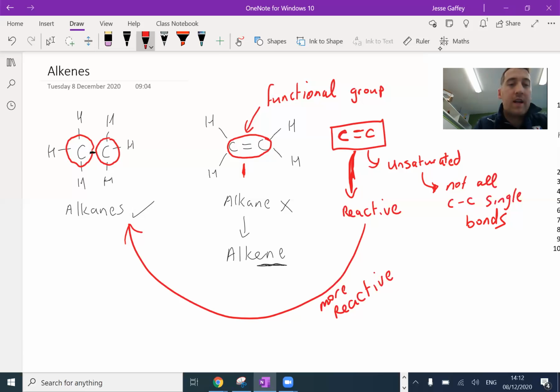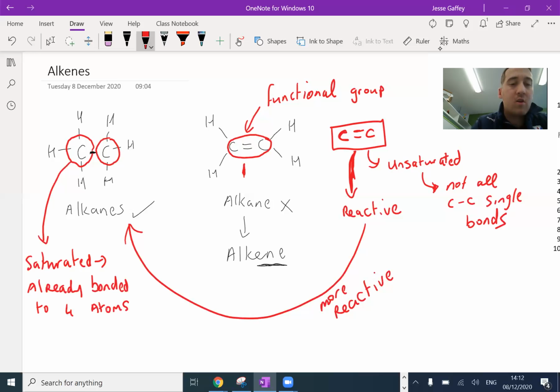Okay, so in an alkane, we say that this particular carbon here is saturated. What does this mean? Saturated means it's already bonded to 4 atoms.